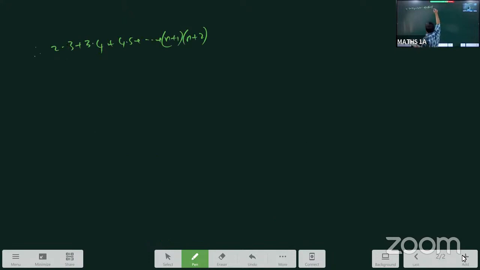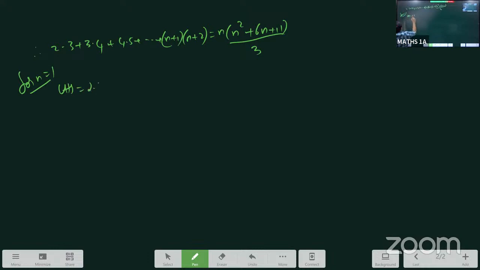That is equal to n into n square plus 6n plus 11 by 3. Now the nth term was not given; we found the nth term. Is it clear? Now for n equal to 1, LHS is 2 into 3, that is 6.